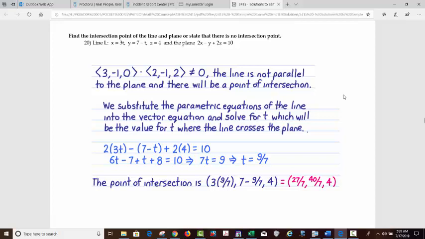So let's see. We want to find the value t where the line hits the plane. So I'm going to take the values for x, y, and z in terms of t and substitute them into the equation for the plane. The 3t is going to go in for x, 7 minus t goes in for y, and 4 goes in for z.